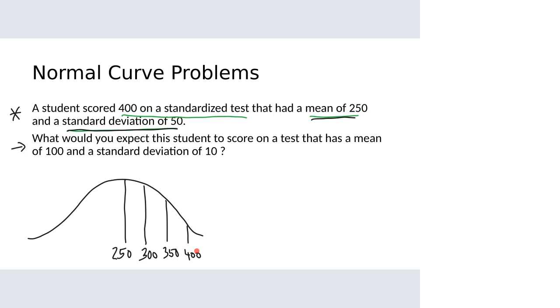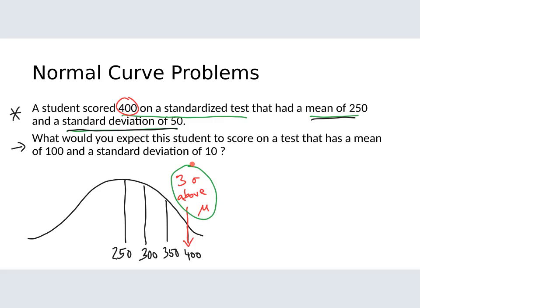What we did is do our mean and 1, 2, 3 standard deviations above the mean. On that particular test, that student scored 400, which is right here. Their score was 3 standard deviations above the mean. So when they take the second test, we would also expect them to score 3 standard deviations above the mean.